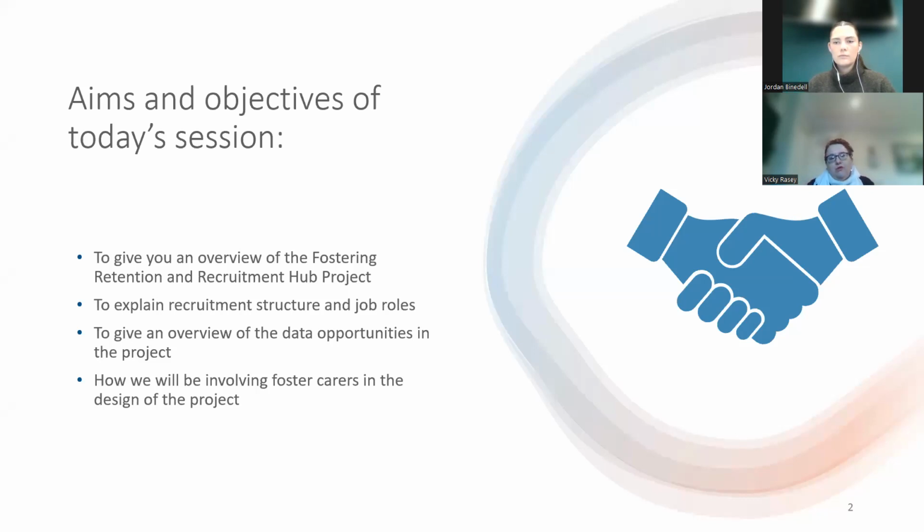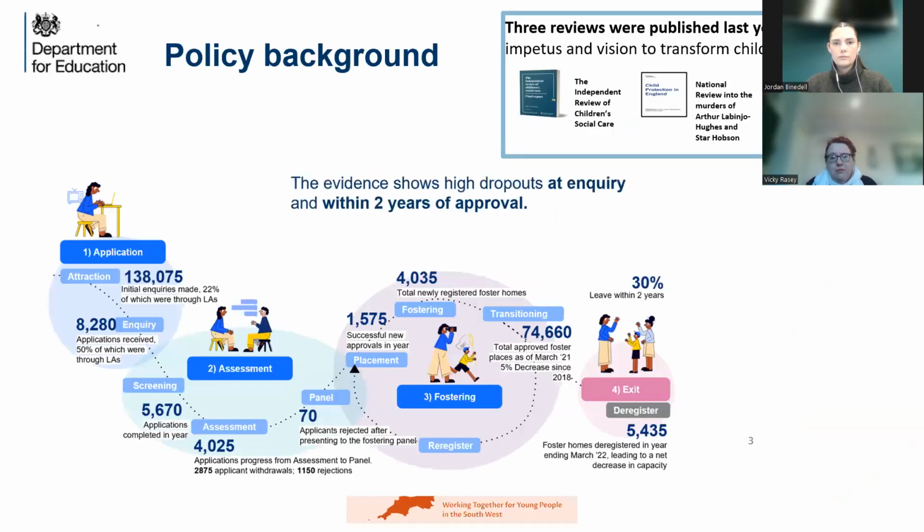I will give an overview of the data opportunities that are being presented to us via this project. And then we'll talk a little bit about how we will be involving foster carers in the design phase of this project. They will be involved all the way through, but particularly today we'll be talking about the design phase of that.